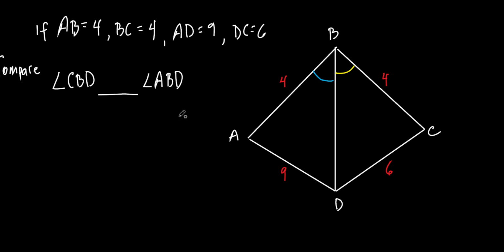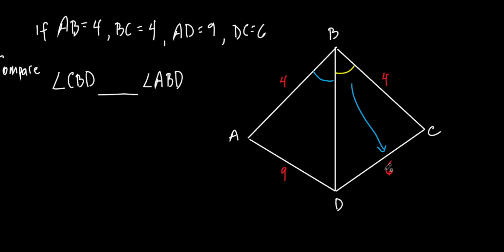So what I want to do is compare CBD, which is the yellow one, to ABD, which is the blue one. So is the yellow one bigger than the blue one? Is it smaller than the blue one? Is it equal to the blue one? What is it? How do you know? That's right. You got it. You look across from it, right?